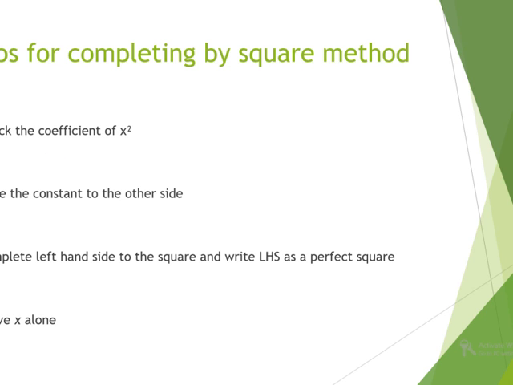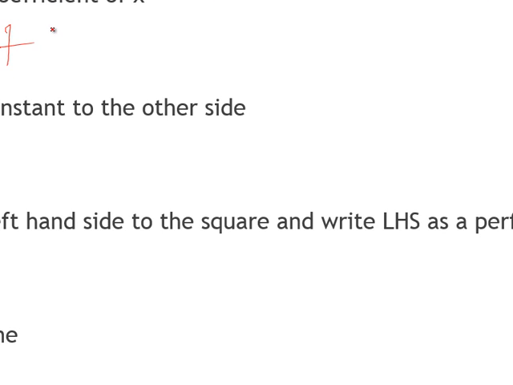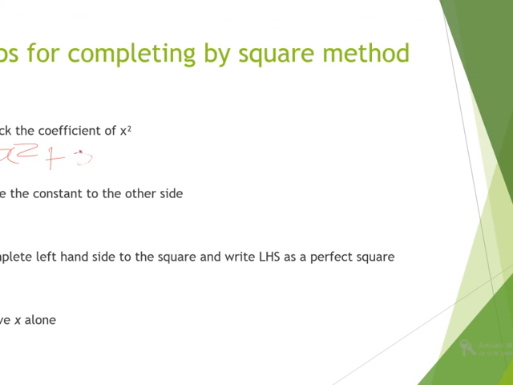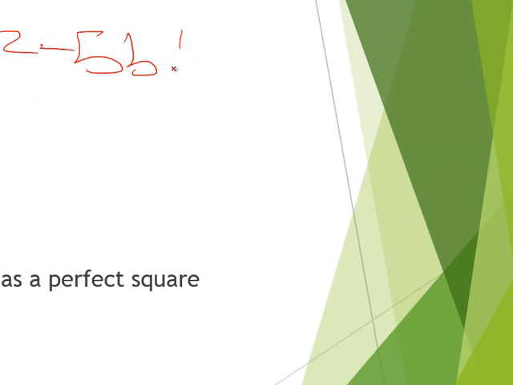It's not always x squared plus something x plus an integer like 1 is equal to 0. Sometimes there can be an equation like 3b squared minus 5b plus 2 is equal to 0. So you need to get rid of the 3 in order to do this completing square method.